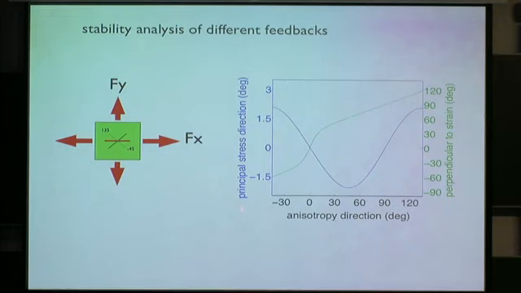When we show the principal stress direction and perpendicular to strain versus anisotropy direction, one of them has a positive slope and the other one has a negative slope when they are aligned. They are all aligned here, and this can show a stable or non-stable fixed point of the system.